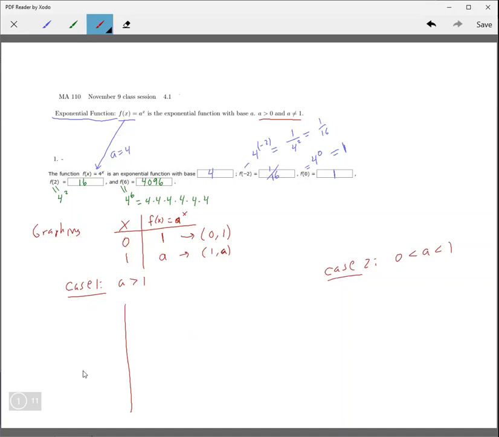In case 1, of course, the point (0, 1) is going to be on the graph. Then over here at 1, you're going to be up at a. So a is greater than 1, so let's put a up here. It'll go through that point, and then the rest of it will fill in like this.